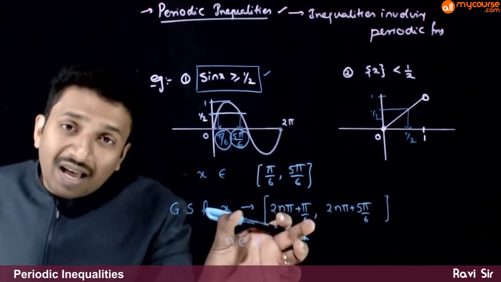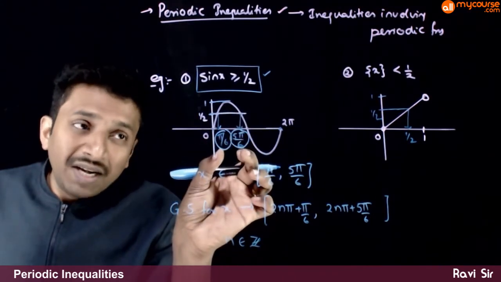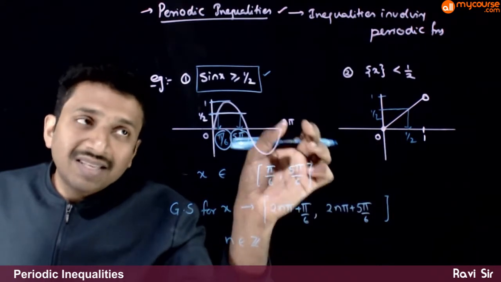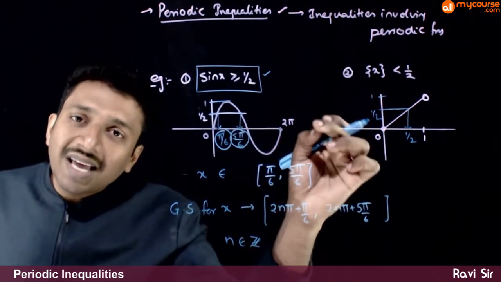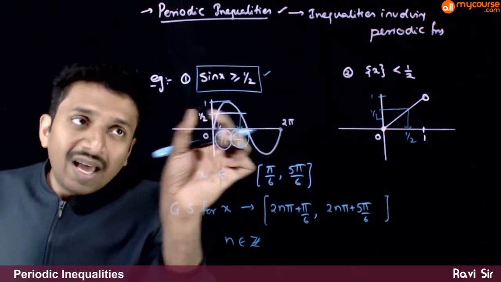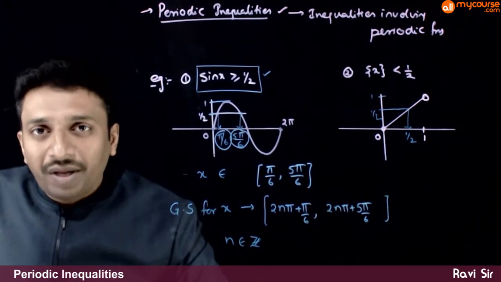This is because you get this interval in the first cycle. Similarly, if you extend this to the next cycle, in the next cycle also you get some interval. In the previous cycle also you get some interval. And these intervals will be uniformly placed at a spacing of 2 pi.